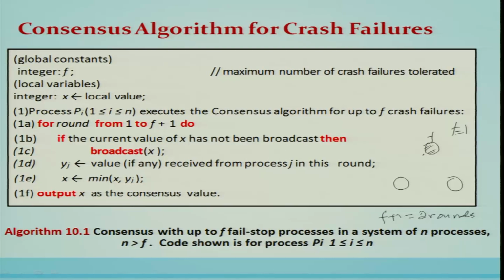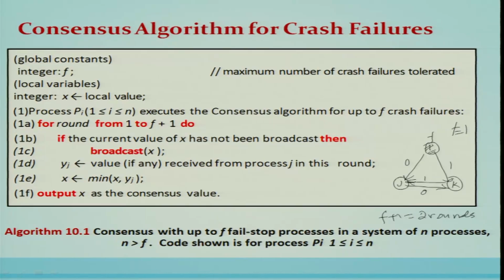If the faulty process sends 0 to one process and 1 to another process, say j and k, then on receiving 0 the first will broadcast 0, and the process receiving 1 will broadcast 1. This completes one round.